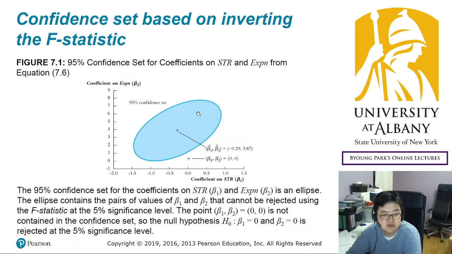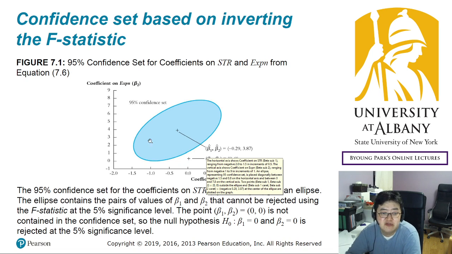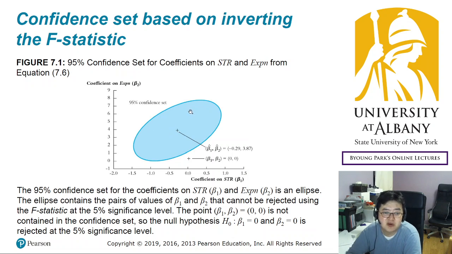However, what's surprising here is that horizontally, for beta 1, the confidence set includes negative numbers, so it can go down to minus 1.5, and it can go up to somewhere around 0.8. So beta 1 can be negative, or positive, or 0.